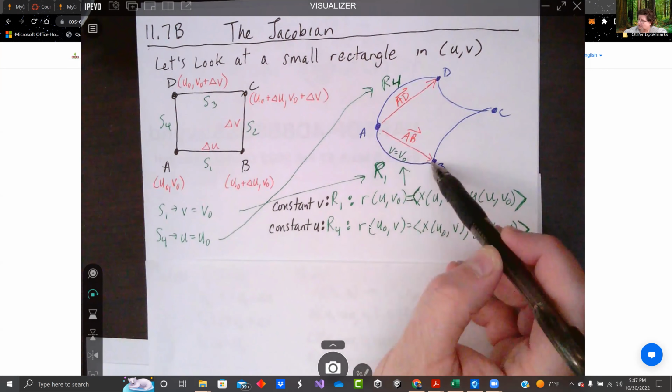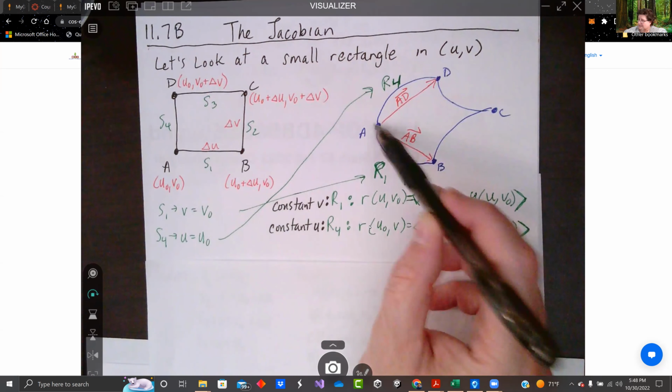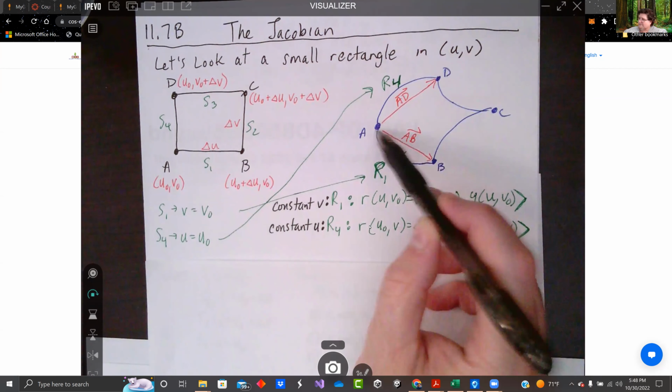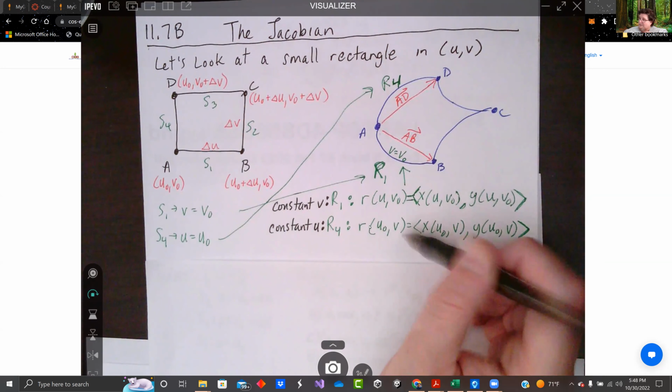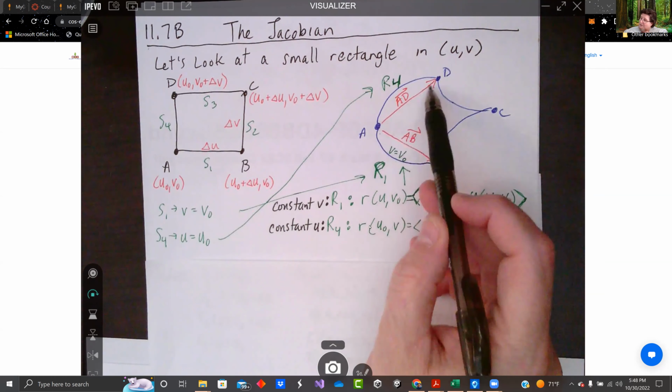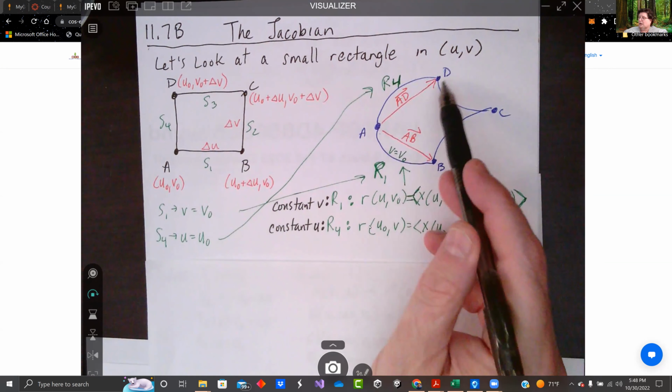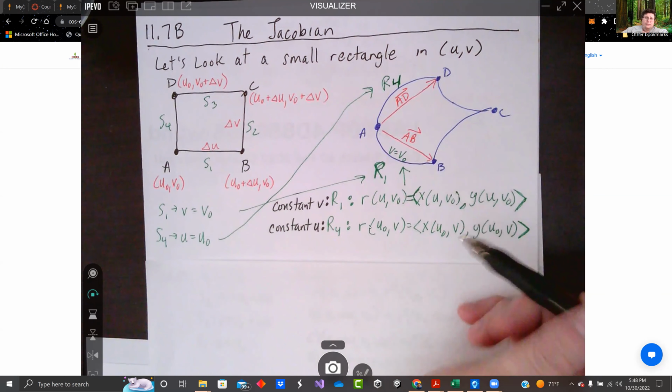U is changing along here. So v naught is staying the same, u is changing. So it's the vector there. And then r of u naught, v, we're going along that vector there. I've labeled them AB and AD because those are our endpoints.